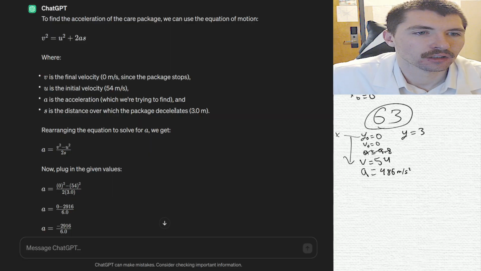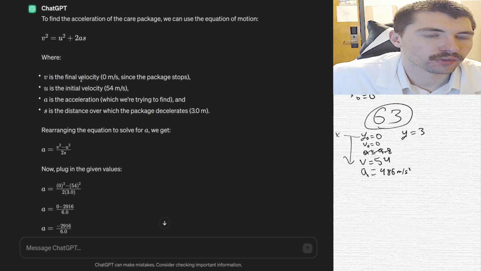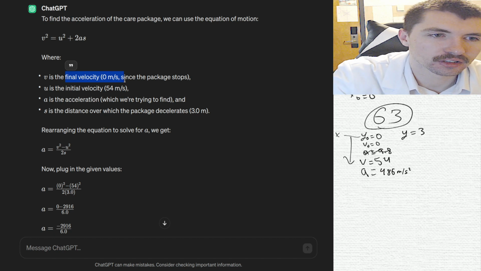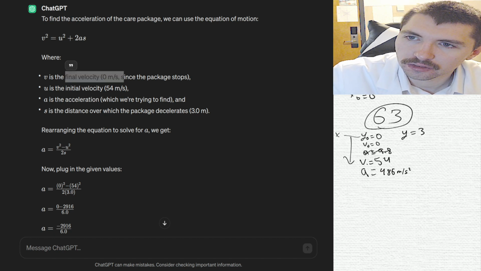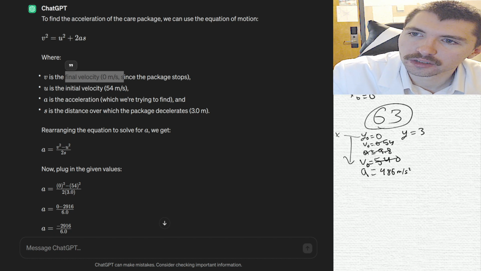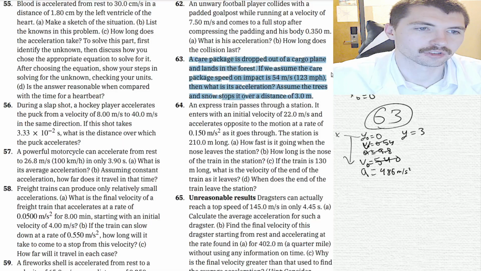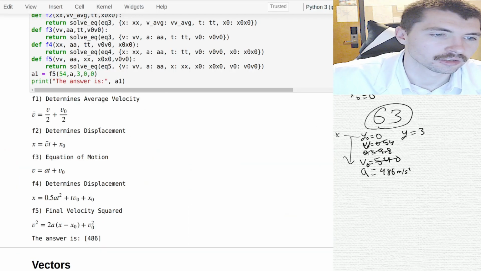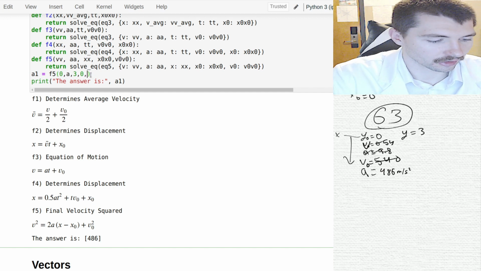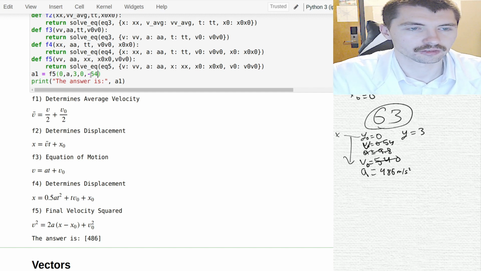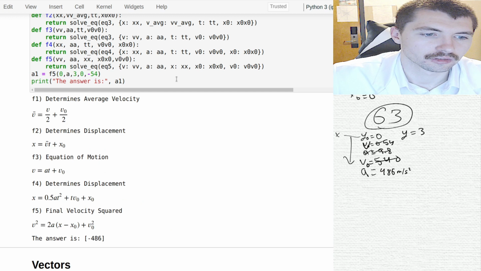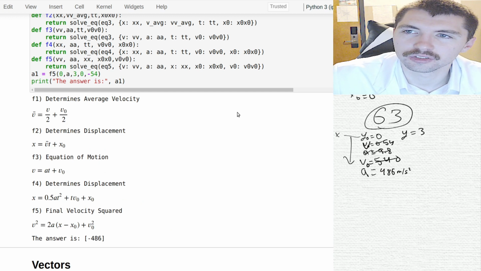Okay, saying v, the final velocity is really 0. So this is 54. So that would mean we're going to swap these. This is 0. This is negative 54. So do we understand why that is?